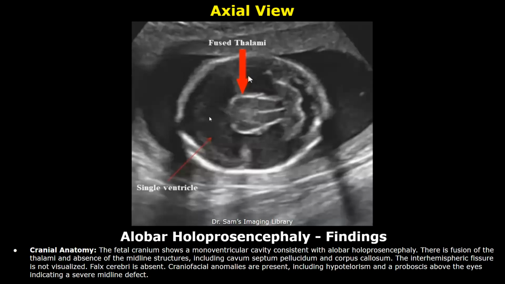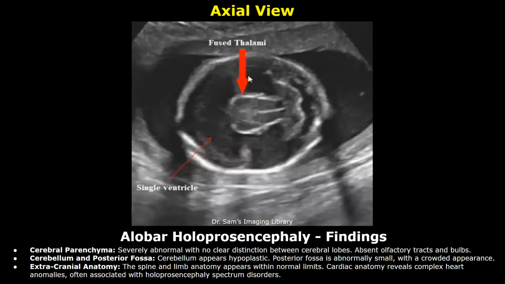Craniofacial anomalies are present, including hypotelorism and a proboscis above the eyes, indicating a severe midline defect. Cerebral parenchyma: severely abnormal with no clear distinction between cerebral lobes, absent olfactory tracts and bulbs.